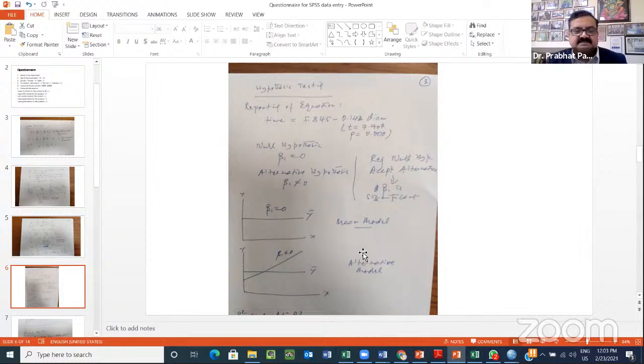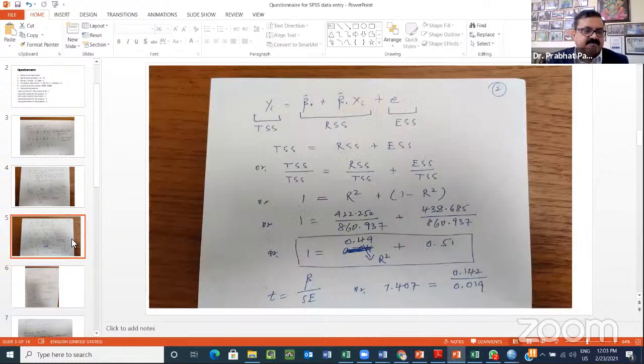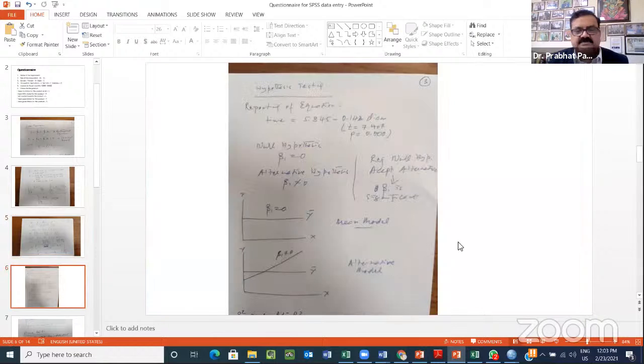But the catch here is that in a simple regression, in which we have only one independent variable, just one single independent variable, the t-test of the beta and the f-test for the whole regression are the same. They are giving us the same result.